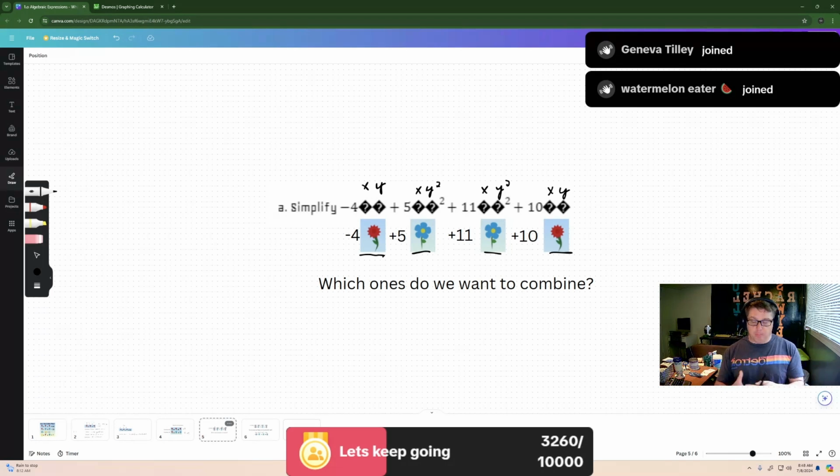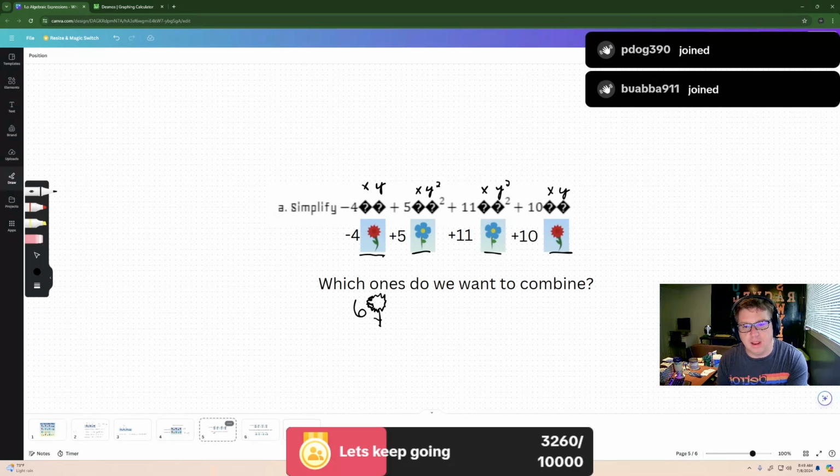So when we combine these like terms, or we combine these similar figures, we want to put the coefficients together. So if I did a positive 10 minus 4, or I do a negative 4 plus 10, think about it either way. I think one of them is definitely easier to solve than the other. So when we think about a positive 10, take away 4, that leaves us with 6 red flowers.